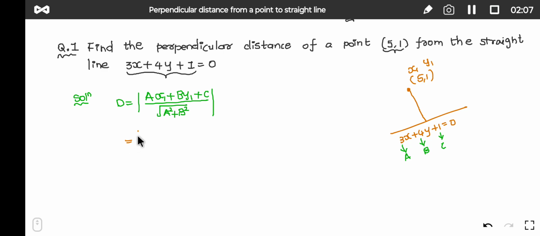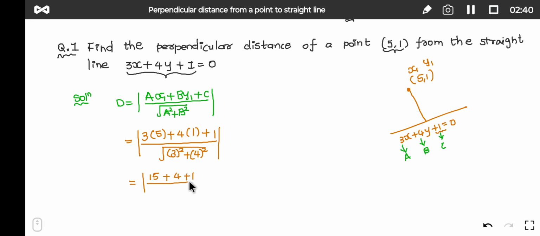Inside the modulus, a is 3, x1 is 5, plus b which is 4 and y1 which is 1, plus the value of c which is also 1, all divided by square root of a square plus b square. So a is 3, so 3 square, plus b is 4, so 4 square. Multiplying, 3 into 5 is 15, plus 4 into 1 is 4, plus 1, upon square root of 3 square which is 9, plus 4 square which is 16.